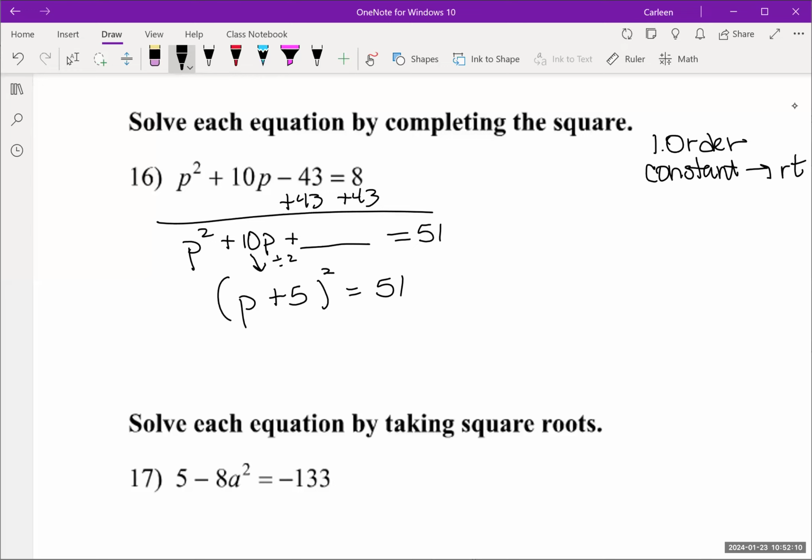But if I were to make a box and FOIL that out, 5 squared, a 25 would appear here. That now leaves my equation unbalanced. To balance it, I need to add 25 here. So (p plus 5) squared is equal to 76.